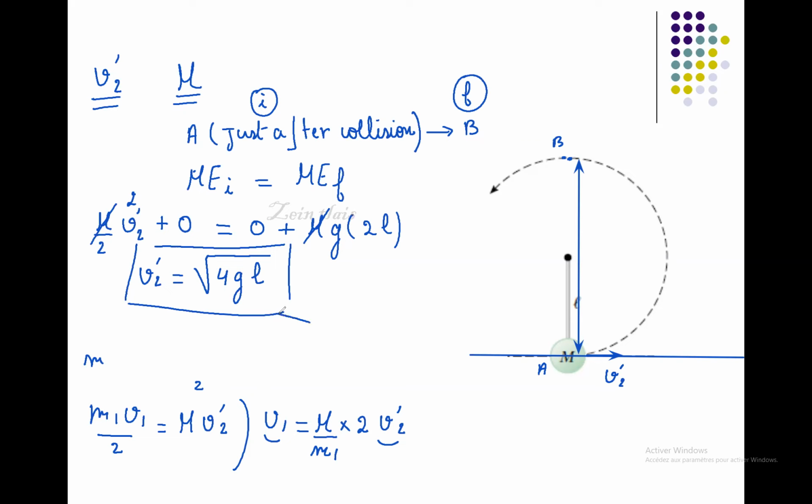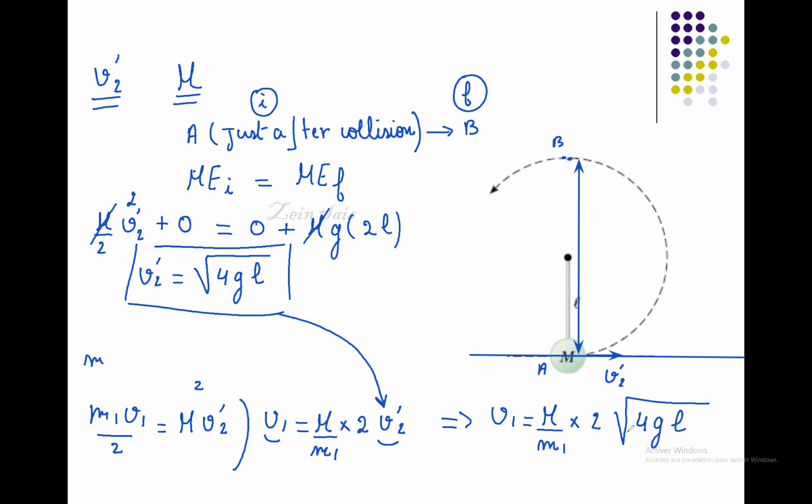We substitute its value here to calculate V1. So we can write V1 equals 2M over m times the square root of 4gL.